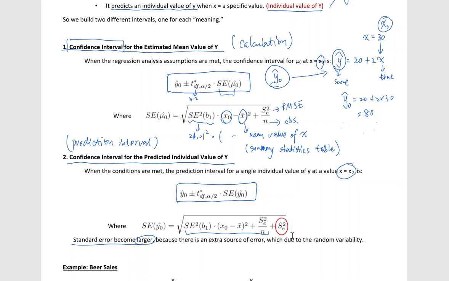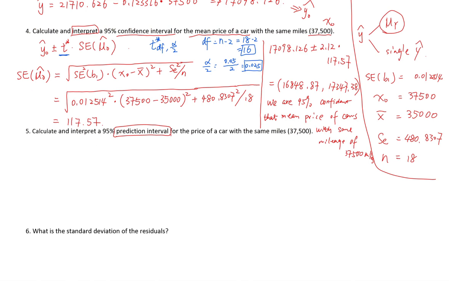But for the prediction interval, we will have more random error. That's why we have an extra term here. And then we will have the formula. So first, it is the y0 hat plus or minus the t star times the standard error of y0 hat.